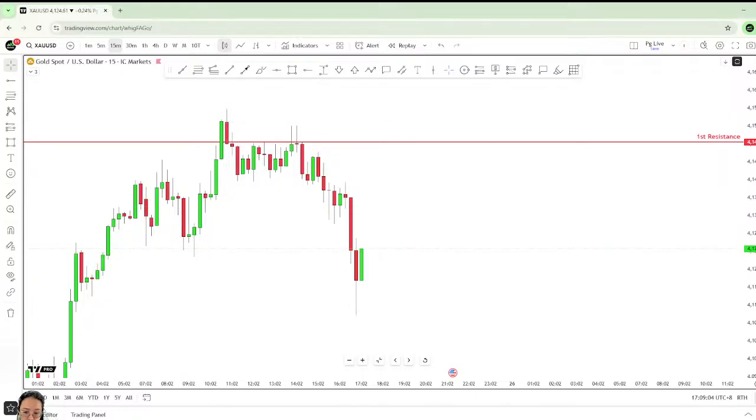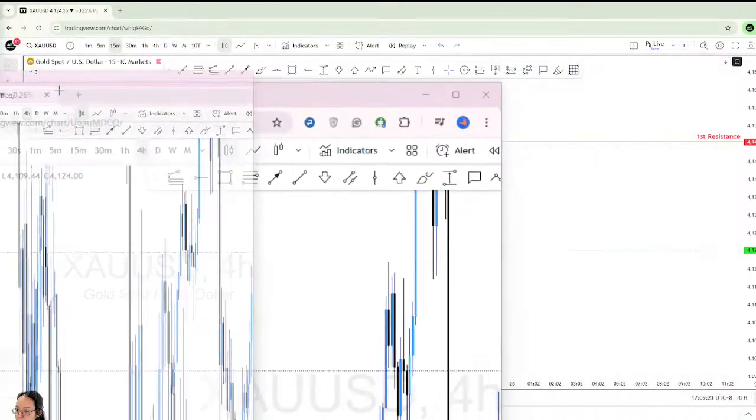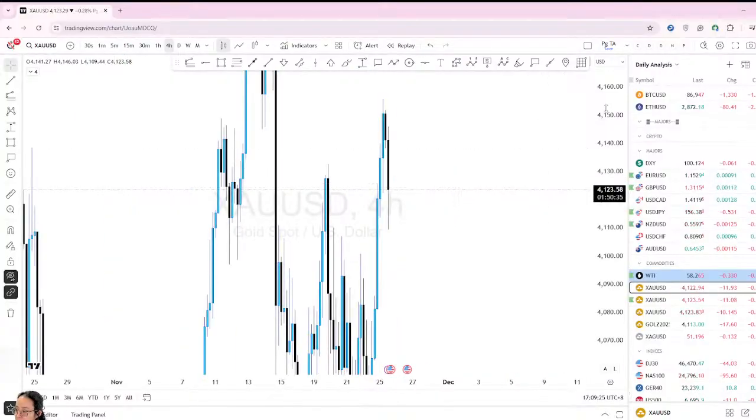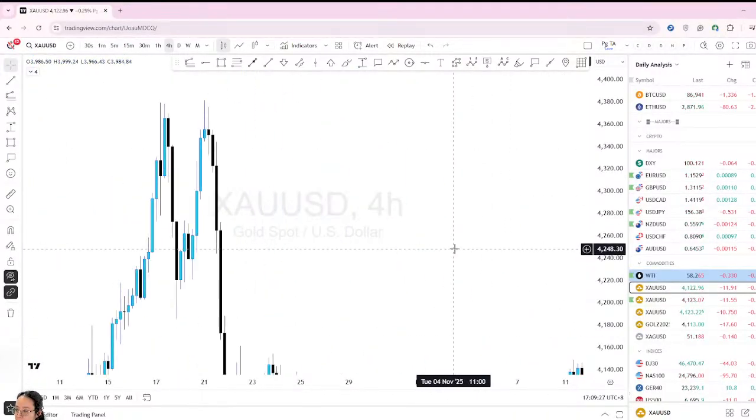But let me pull out another one that is clearer than this. Okay, maybe we look here for a double top. Okay, we have a double top.